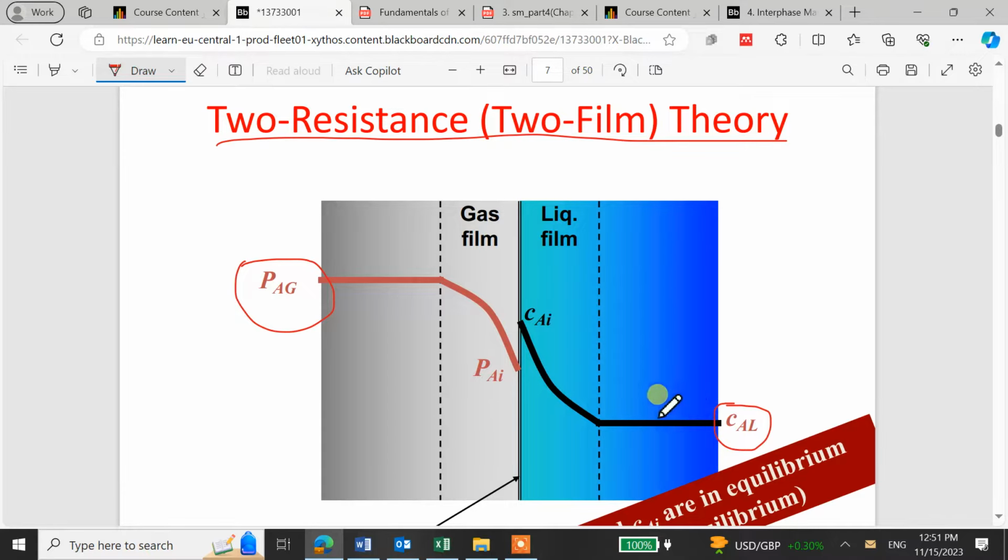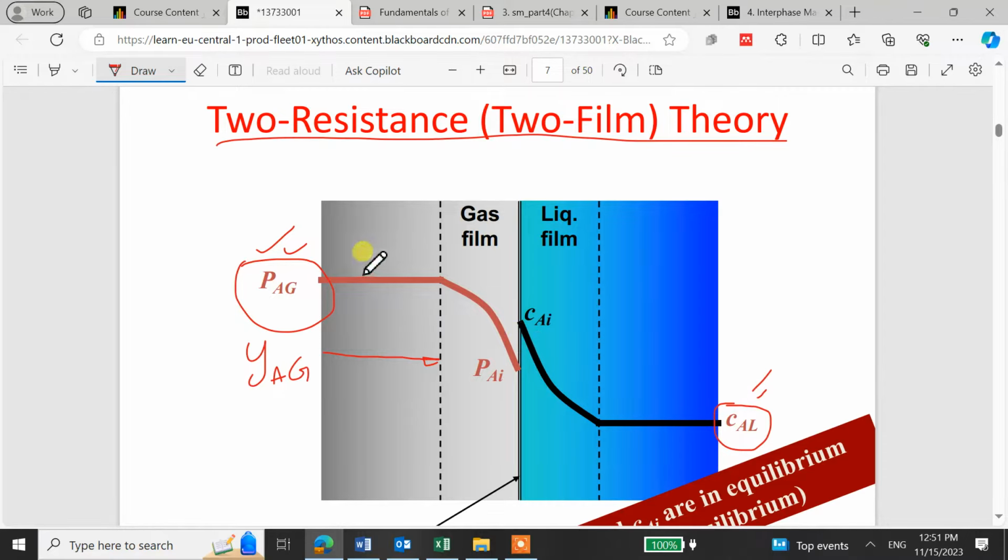Bulk gas means it is far or away from the liquid film. So right now there is no resistance, so this is the bulk. Bulk consideration you will have in terms of pressure or in terms of mole fraction, so that will be YAG. And the same we have bulk liquid.